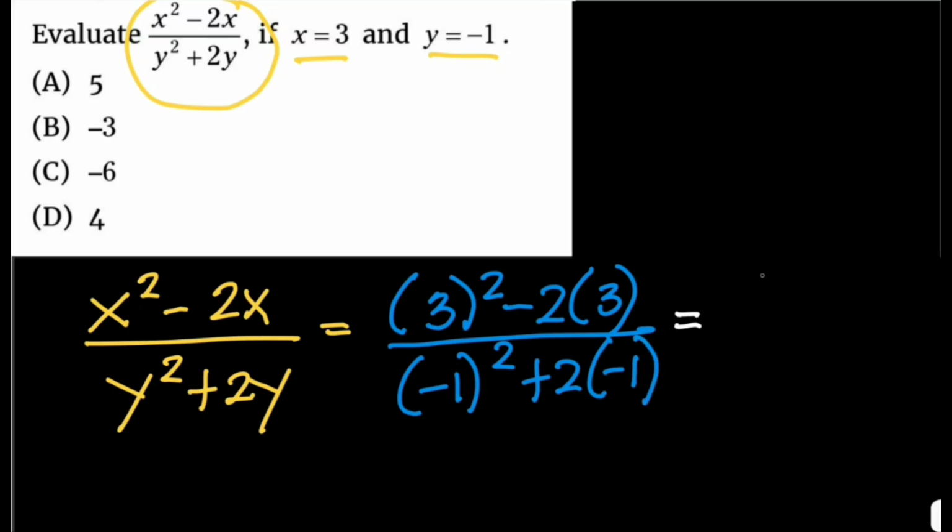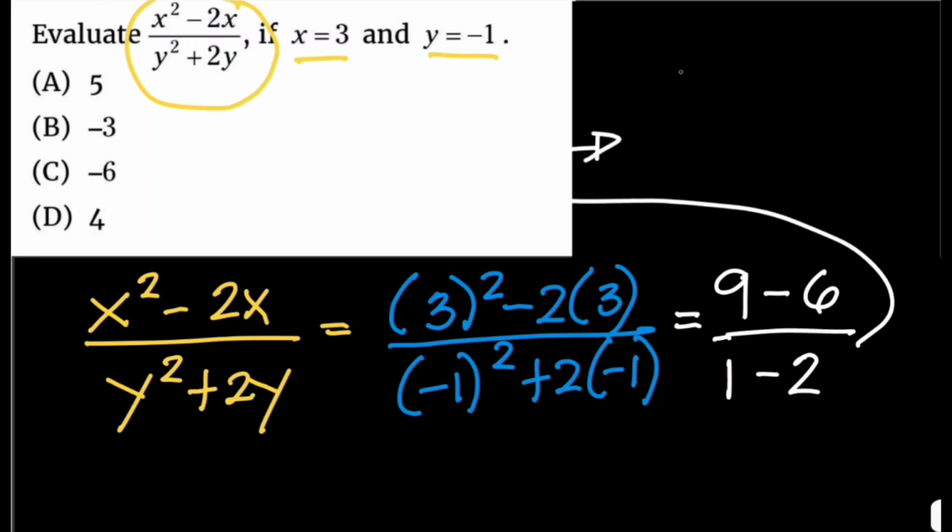Then we have 3 squared is 9 minus 2 times 3 is 6 over -1 squared is +1 plus 2 times -1 is -2, so this would become -2.